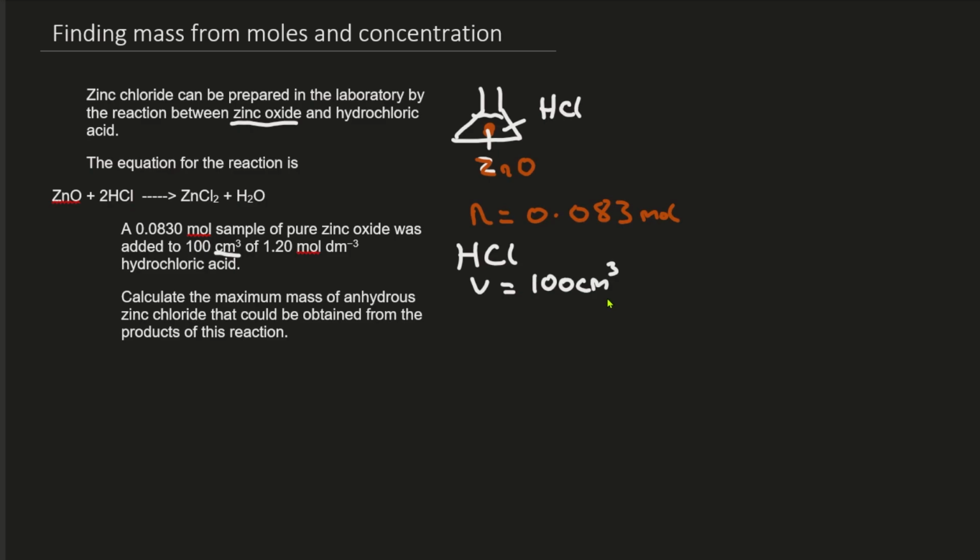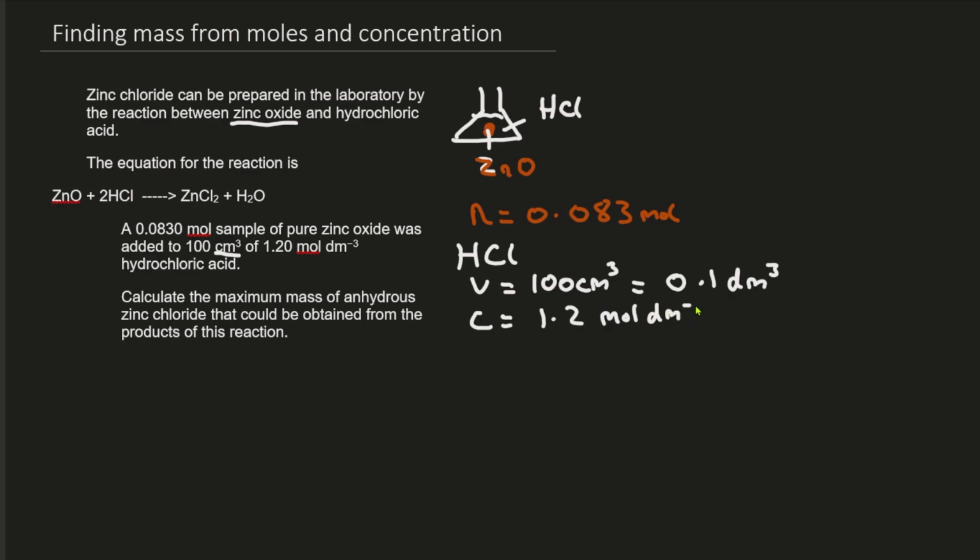In this case, we've got decimeters cubed for the concentration. Therefore, we should have decimeters cubed for our volume as well. So 100 centimeters cubed is equal to 0.1 decimeters cubed. And we also have our concentration, which is 1.2 moles per decimeters cubed.